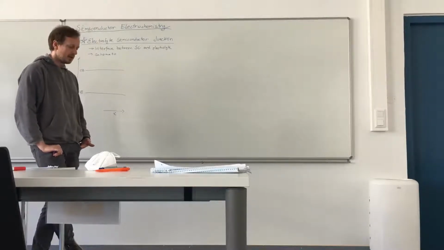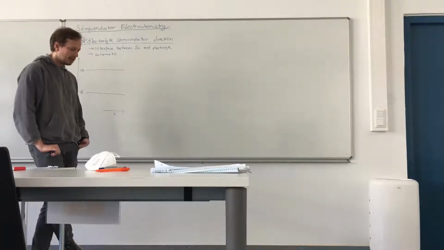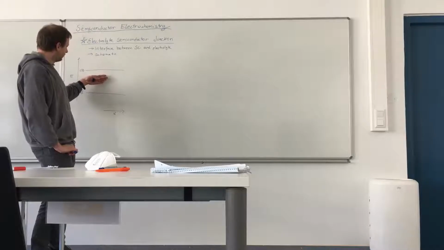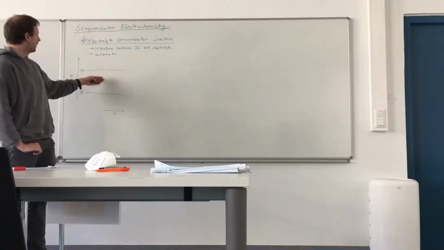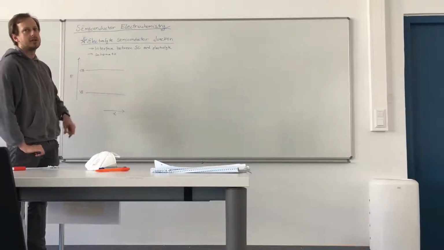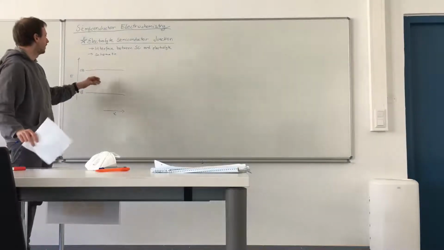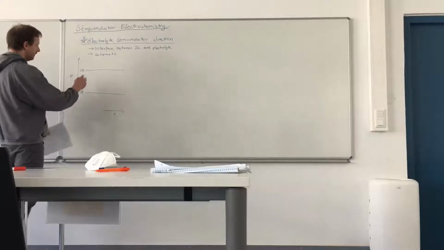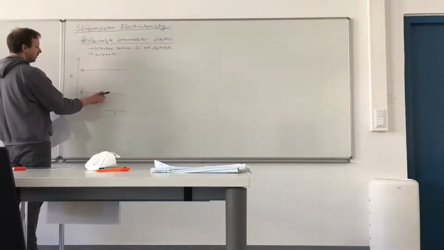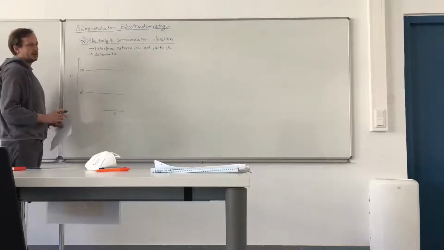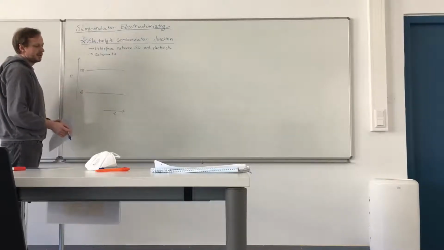If I pick an electron from the semiconductor, in between conduction band edge and valence band edge you cannot find an electron, because by physics it's not allowed that an electron can occupy an energy level in between here. In the conduction band and in the valence band, energy states for the electrons are allowed.